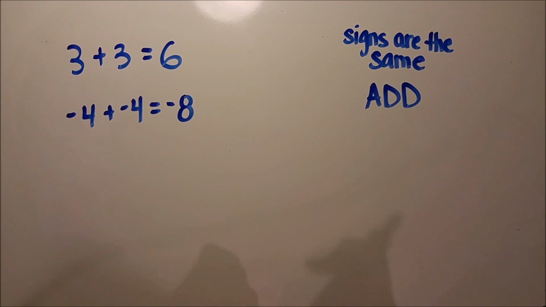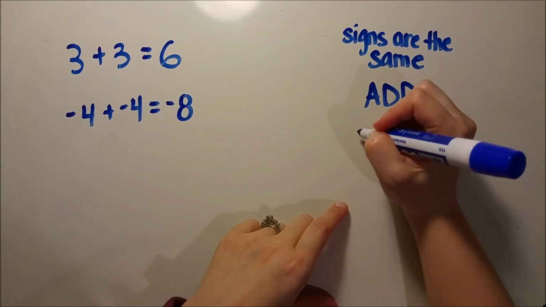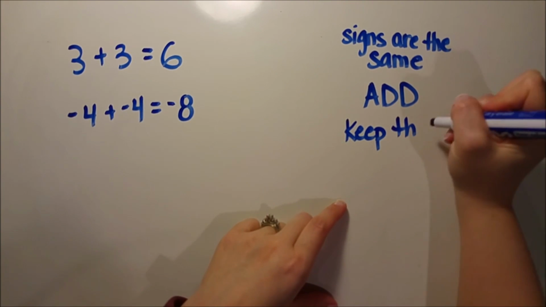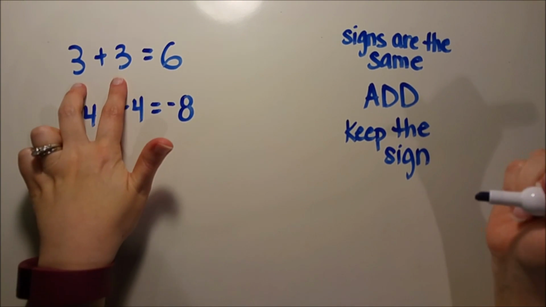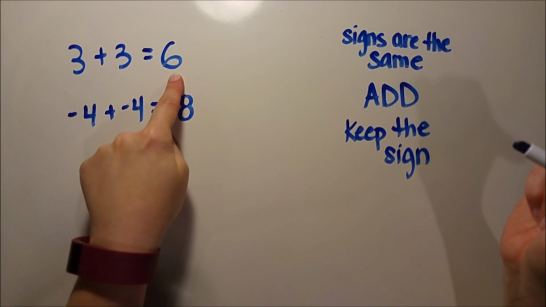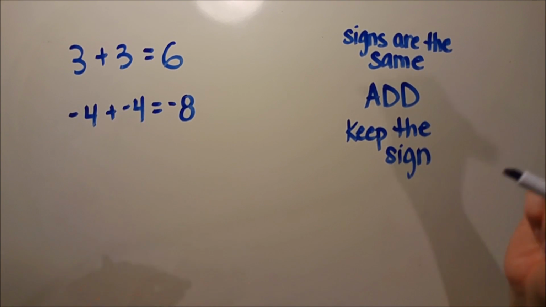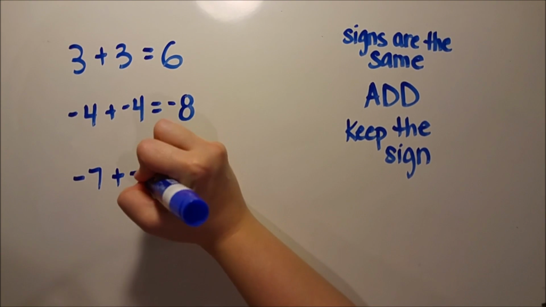So when we're looking at these, if the signs are the same, we will add, but we'll also keep the sign, whatever it was. So these were both positive, we're going to keep positive. These are both negative, we'll keep it negative. -7 plus -3.